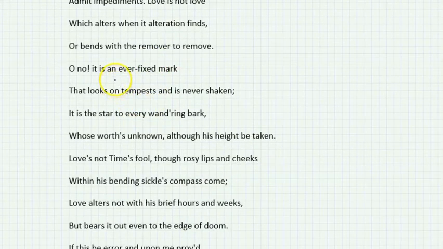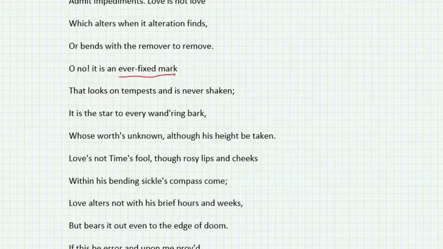Then it says, oh no, it is an ever-fixed mark that looks on tempests and is never shaken. Here, Shakespeare is referring to love as something that is fixed. Okay, it is an ever-fixed mark.